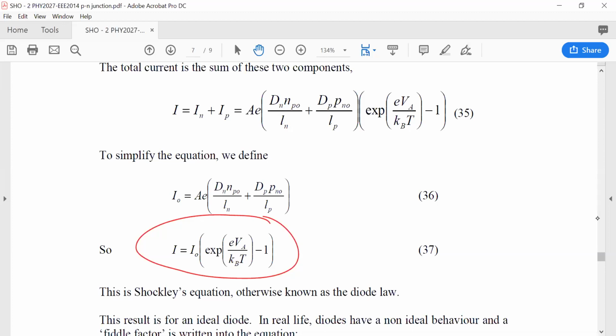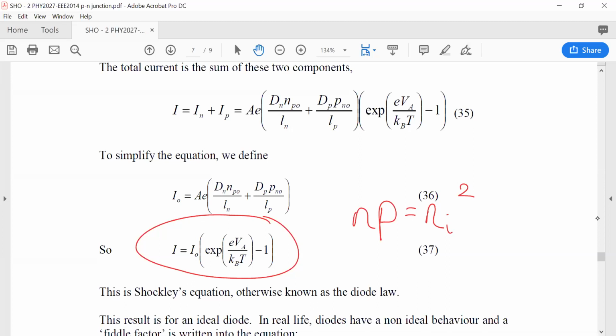So in practice, to calculate the minority carrier concentration, we use the doping concentration to estimate the majority carrier concentration, and then we use the knowledge that the number of electrons times the number of holes in a semiconductor, so the np, is equal to the intrinsic carrier concentration squared.